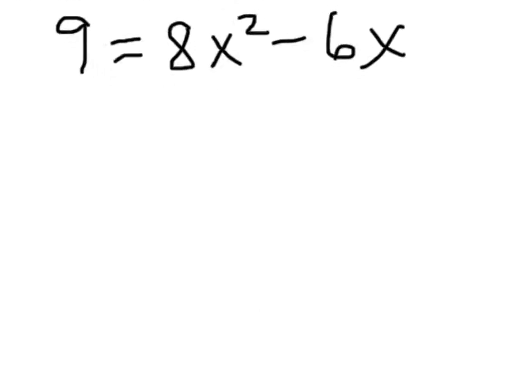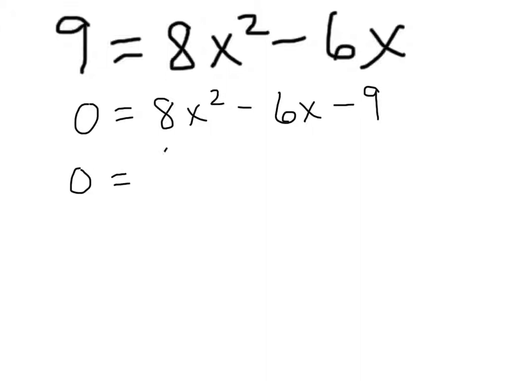How do we solve this equation? What do we need to do first? Let's get 0 by subtracting 9 from both sides. Look at this. Oh my goodness. We have to factor this.